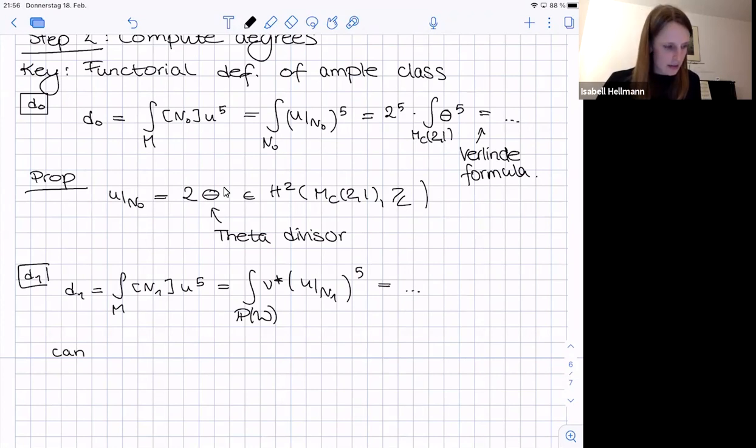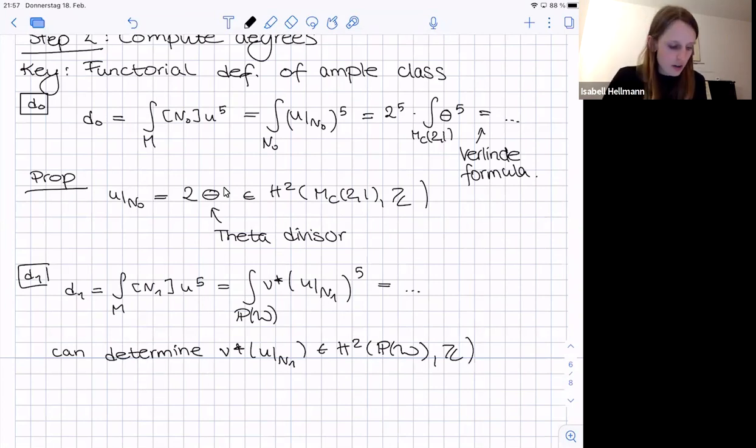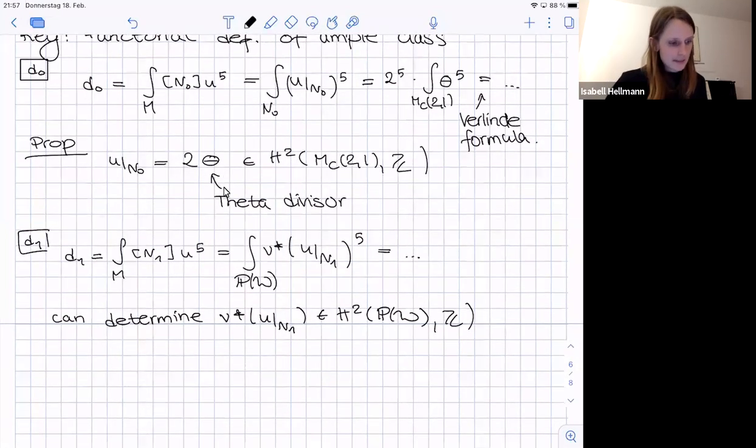So I want to find something in H2 of P of some projective bundle, and I know the cohomology of a projective bundle, so it's technically a little bit more involved, but it's possible to compute. And so you find the result for D1.